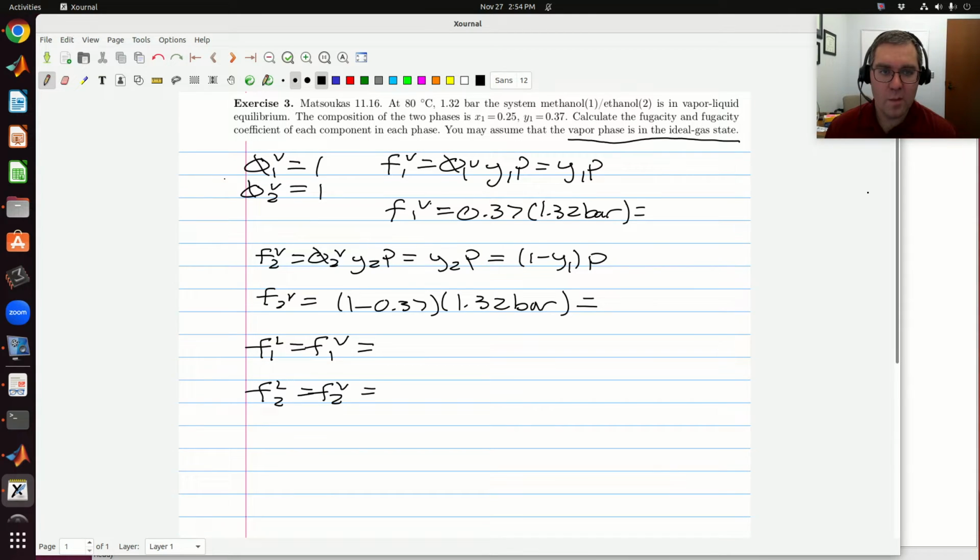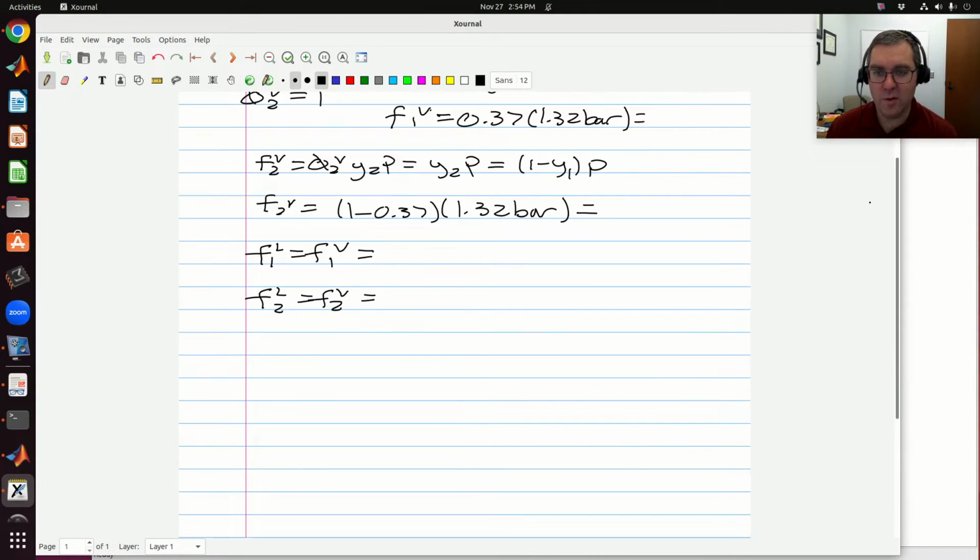But now it also asks for the fugacity coefficient. If I expand the fugacity of component 1 in the liquid with respect to my ideal gas reference state, it would take the form Phi1L times X1 times P. My partial pressure is now X1 times P, and Phi1L is my fugacity coefficient.